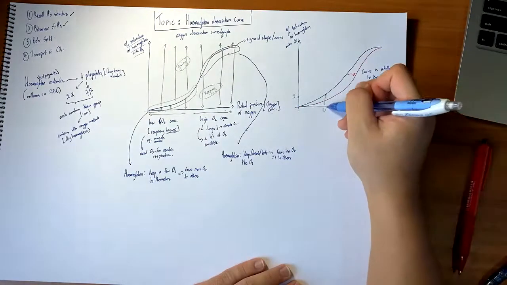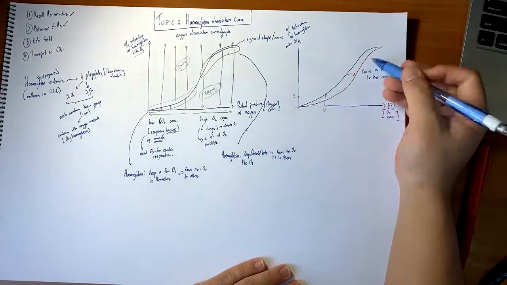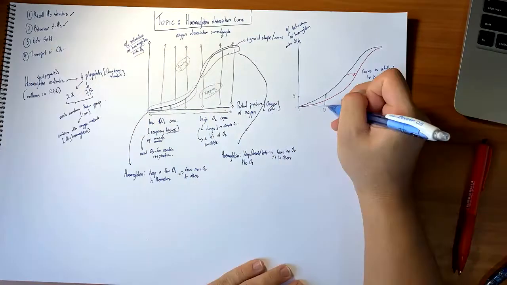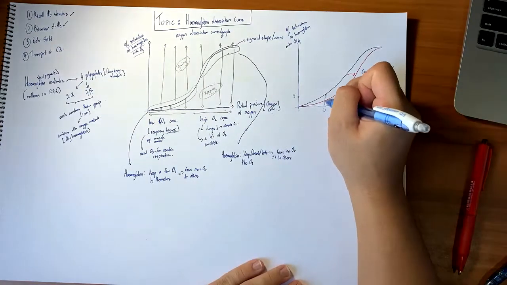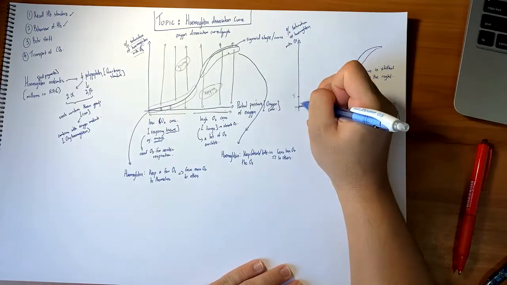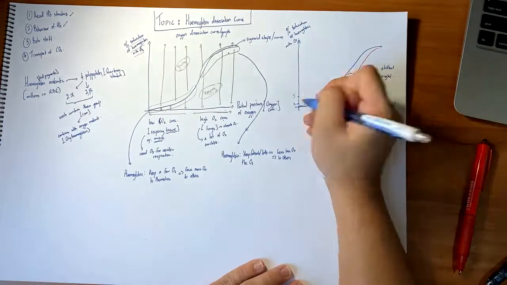Okay, so at 10 partial pressure of oxygen, they're able to keep 5. But when they are exposed to Bohr shift, the Bohr shift happens at the same partial pressure of oxygen, 10, but now they're only able to keep, berapa yang dorang keep, let's say they only keep 2.